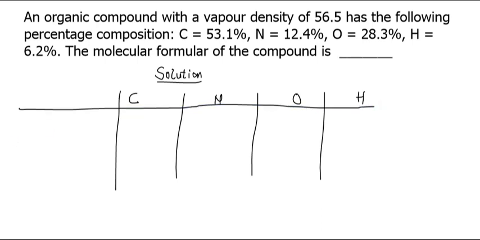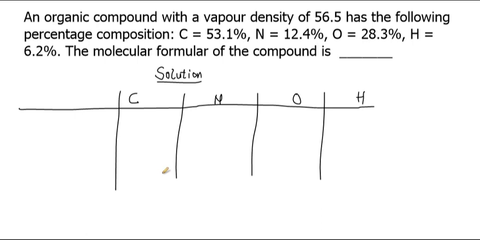So the first thing to do, since the aim of this is to get the number of moles of each of the elements, that means from the formula for calculating number of moles, that's mass over molar mass. Since we are given the composition of each element in percentage, then we'll be taking the whole of the compound, that is the mass of the compound as a whole, to be 100%.